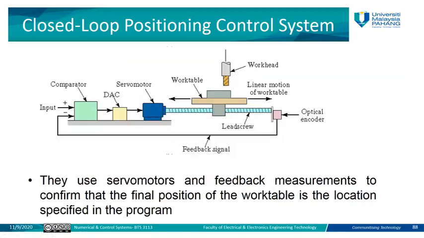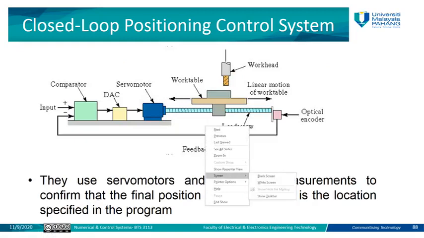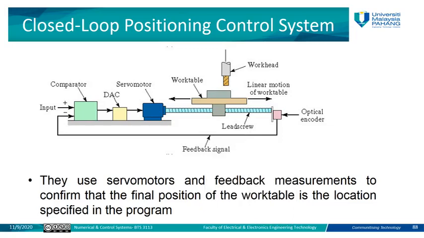So as we can see here, unlike the stepper motor that does not have any feedback, here we have a feedback line, and this feedback line uses optical encoder as a sensor. So you can see here, this is the optical encoder which monitors the position of the table here, for example, or the position of the spindle, then gives it as a feedback signal to the comparator, and this comparator will be a part of the controller for the servo motor, or the servo controller here.